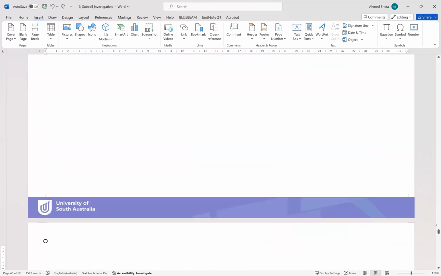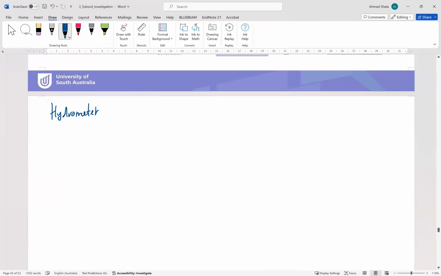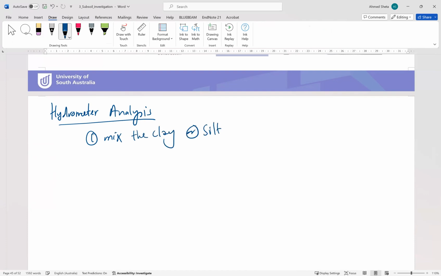Okay, so the technique of the hydrometer analysis is we will mix the clay or silt in water.